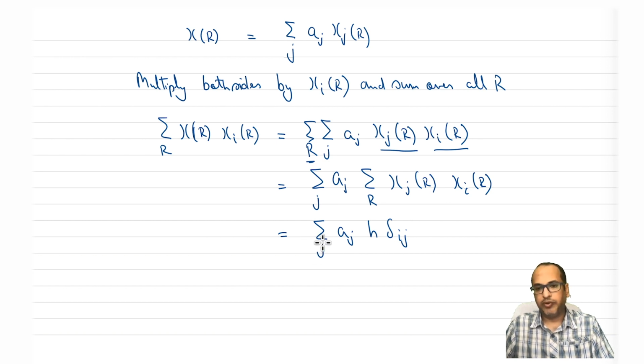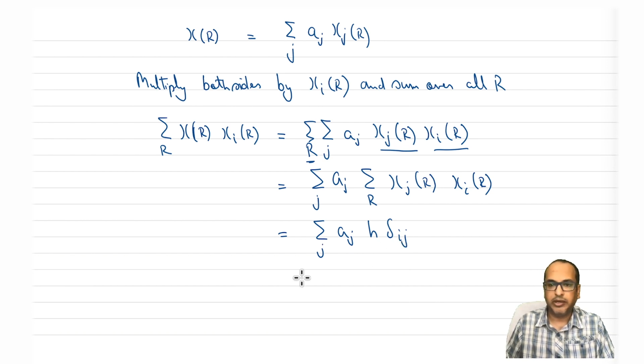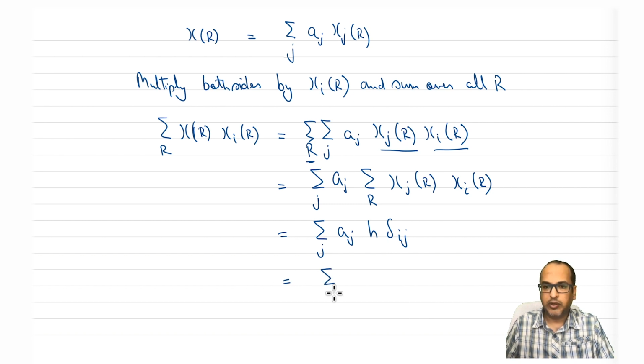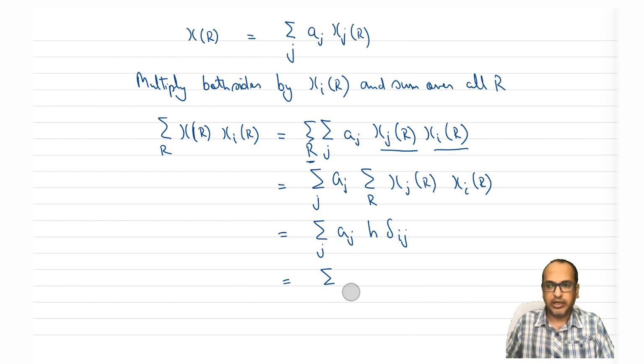Now we have the summation over J. Summation over J means that we have to take all values of J, but the only value of J that will survive is the one equal to I. All other terms here will go to 0 because we have the delta Ij term, right? So the only J value that survives is J equal to I. Now that summation is expanded, so I don't have to write the summation.